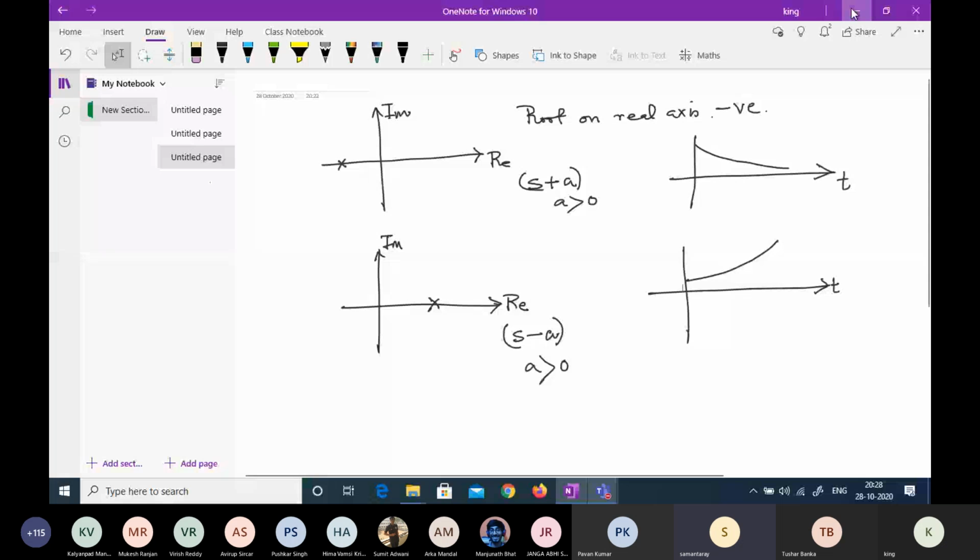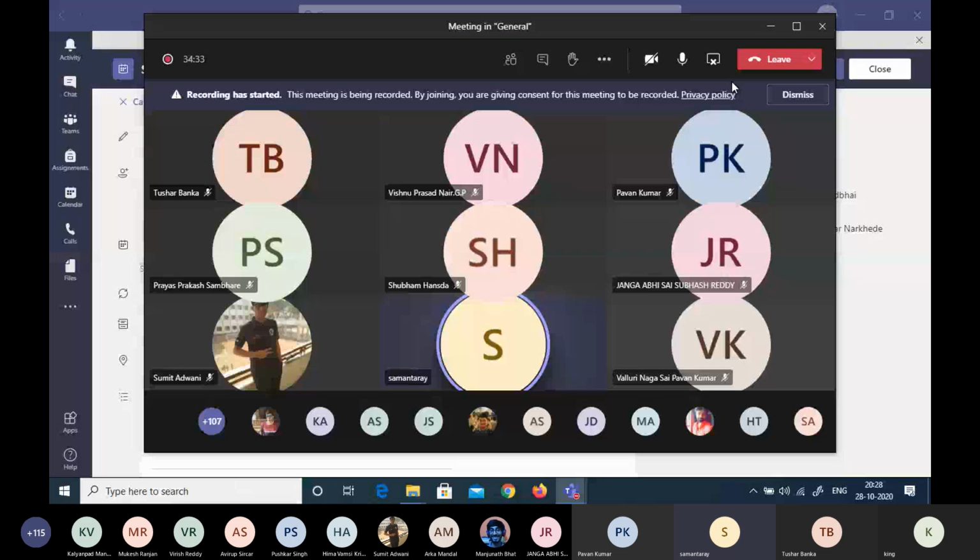If you are in the same window and writing, then it doesn't refresh. Yes, if you scroll it a little bit, it will refresh. Okay, let me just change the network and see whether things improve.